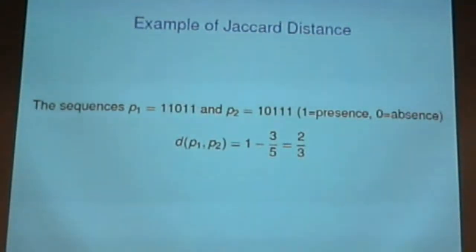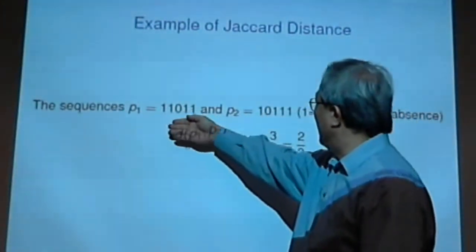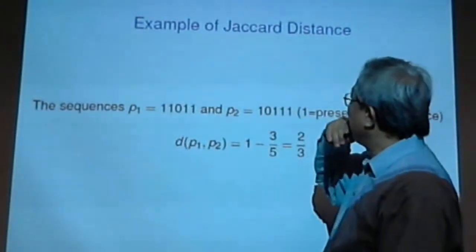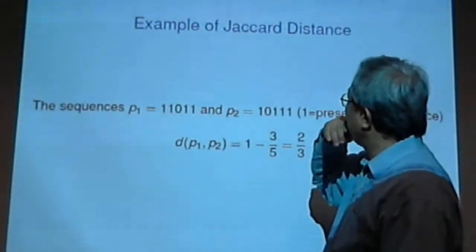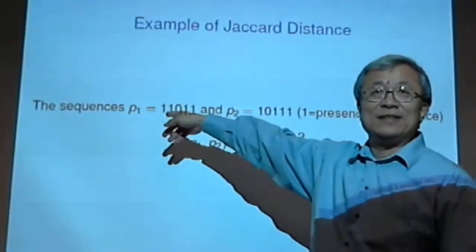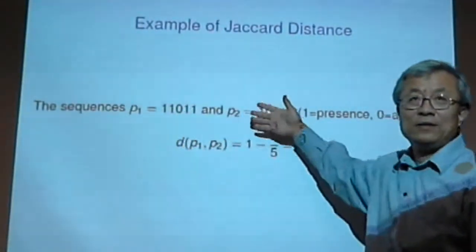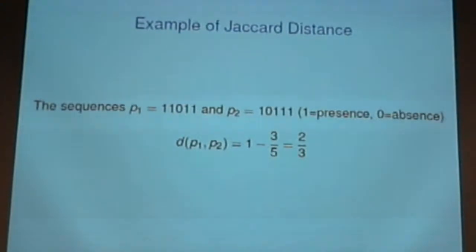The distance between P1 and P2 is this, right? You put them side by side, and you can see that these two sequences are different in only two locations, in the second and third location. So it's 2 out of 5. That's the distance between these two sequences.